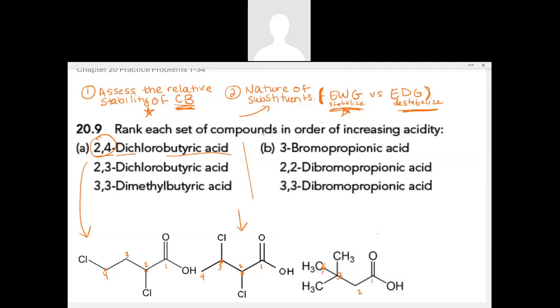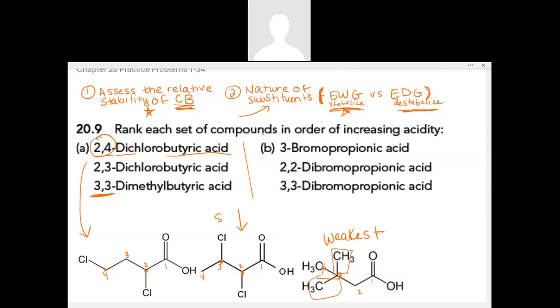Then we see over here, our last compound all the way on the right has 2 alkyl substituents, or electron donating groups, both on carbon 3. So those would actually destabilize our conjugate base, making our conjugate acid the weakest. So this will be the weakest out of this group.